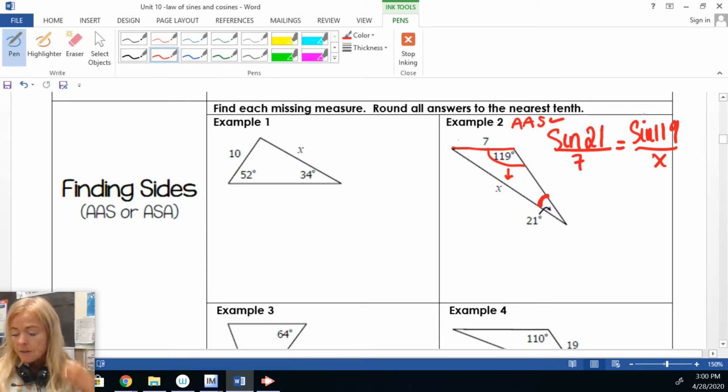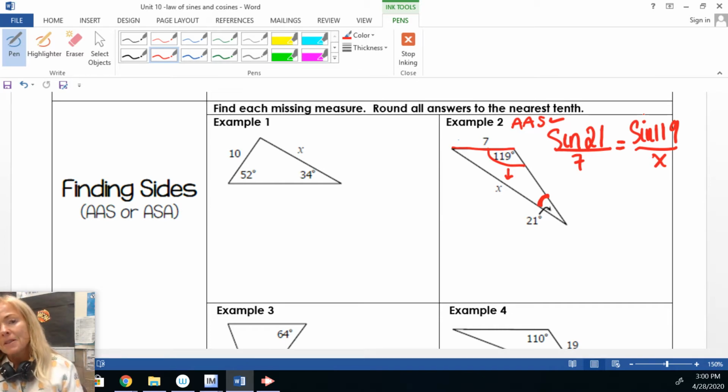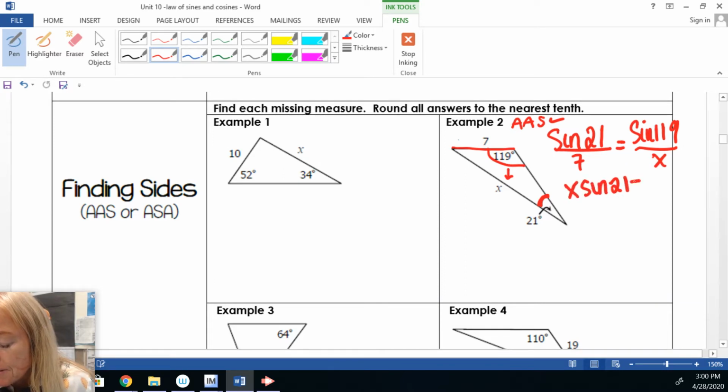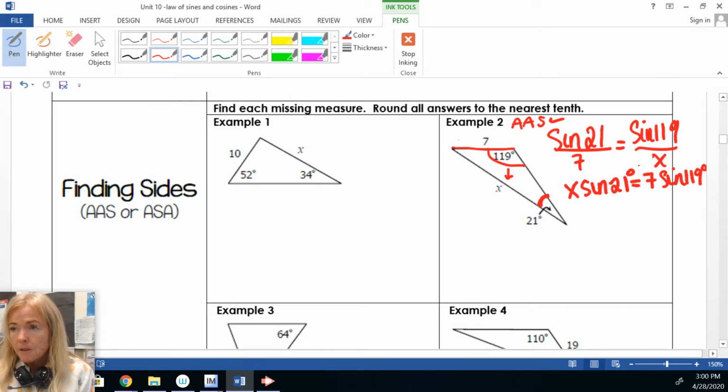We note that the sine of the angle over the opposite side is equal to the sine of the angle over the opposite side. Now, if we cross multiply, we have x times the sine of 21 is equal to 7 times the sine of 119. Now, remember to write the number before the sine function so that it keeps the numbers away from each other and they don't get confused.